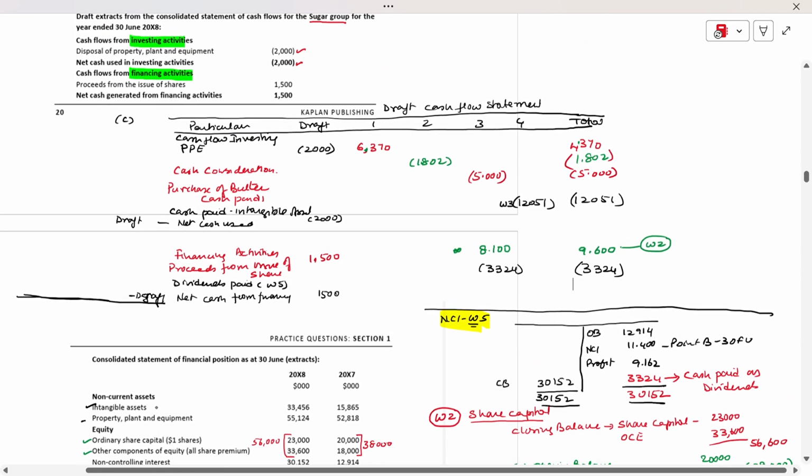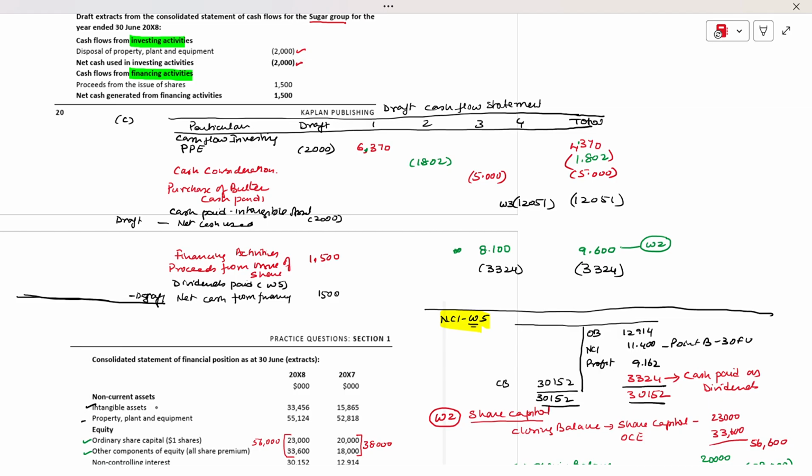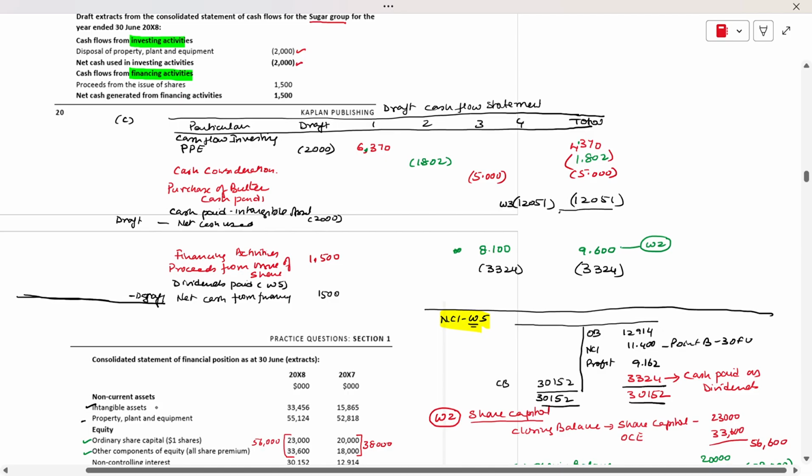We have taken all the totals or not. 4370, 1802, 5000, 12051. How much is the total about this? Only for this is the investing. This is the investing.